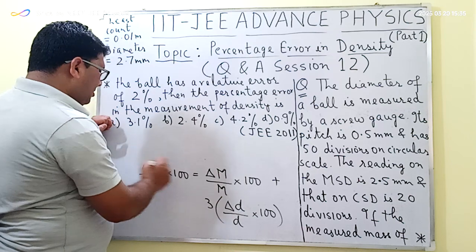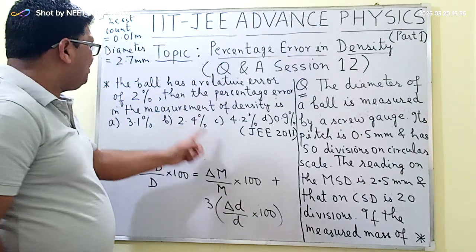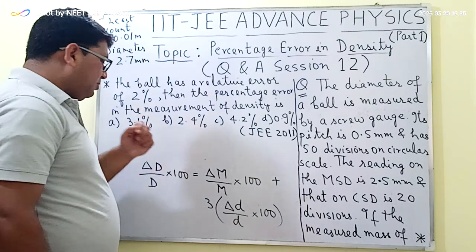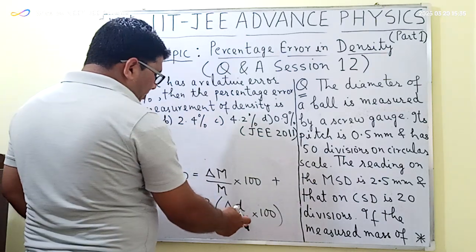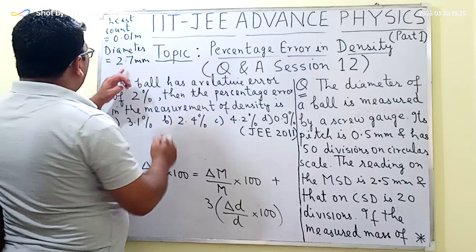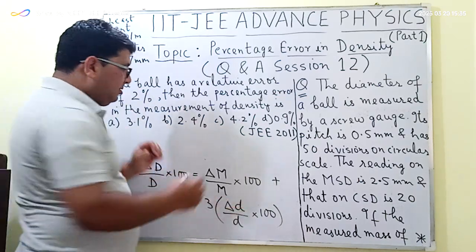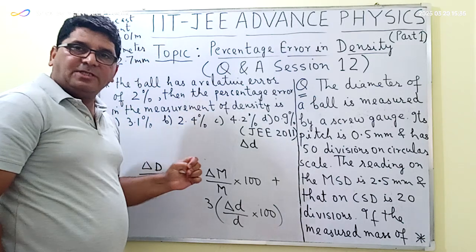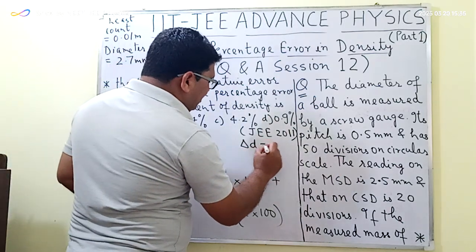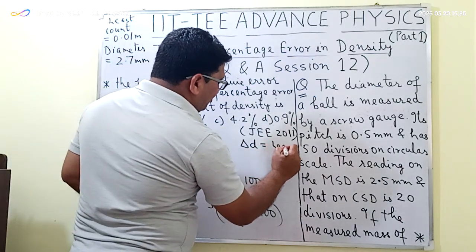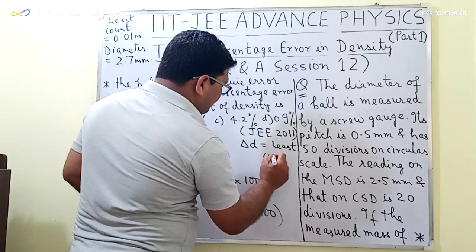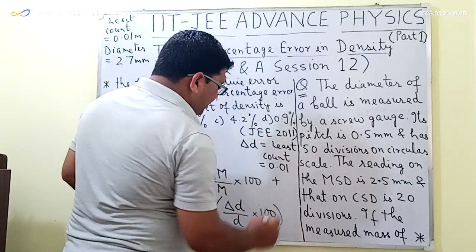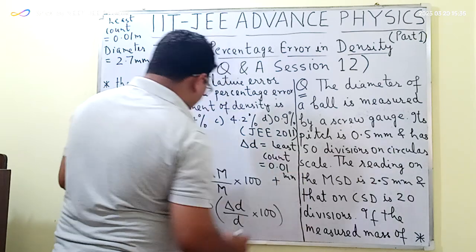So delta D upon D into 100 is the percentage error in the measurement of density, and this is what we have to find. And delta M by M into 100 is the percentage error in the measurement of mass, which is equal to 2%. And delta d upon d, here d was equal to 2.7 mm. Now delta d is the absolute error in the measurement of diameter, so delta d will be equal to the least count of the instrument, which is 0.01 mm.